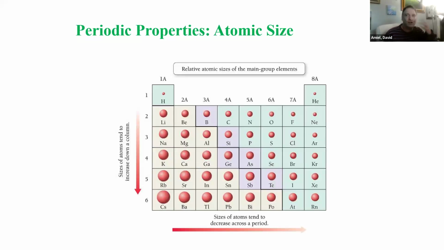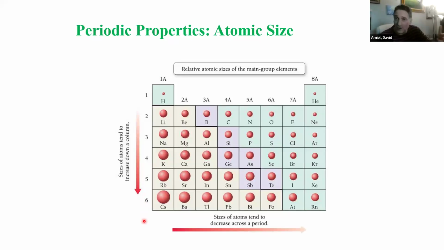And now I just want to conclude by showing you some general trends on the periodic table. One of the important trends is the atomic size. Atomic size increases going down a group because as the principal quantum number n increases, you're adding on levels, and so the size of the atom gets bigger in relation to the principal quantum number n.